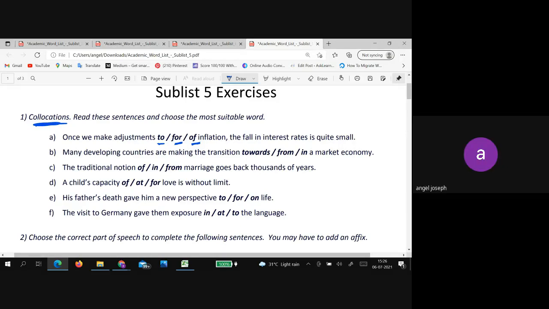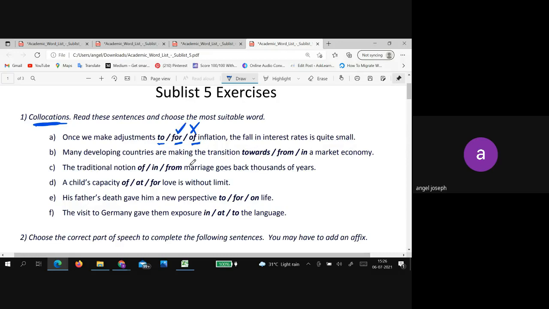I know many of you, people who understand English, know that of doesn't work here. Adjustment does not belong with inflation, so of is out. There are two more options: adjustments to, adjustments for. Now in this case, for is the correct option.